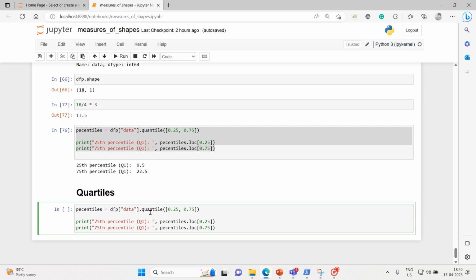Now I'm going to put the 0.50 here. So this is my data. The 25th percentile, I can write this as quartile 1. So quartile 1 is nothing but the 25th percentile.